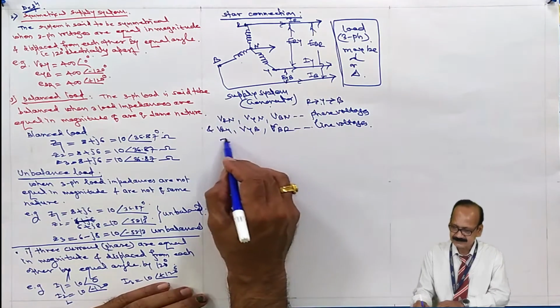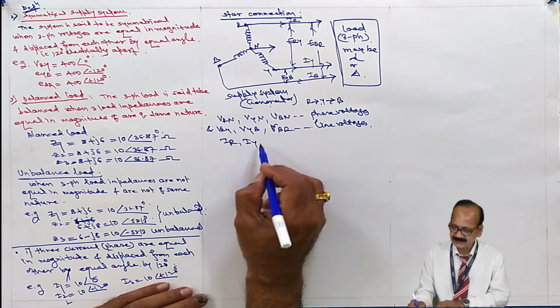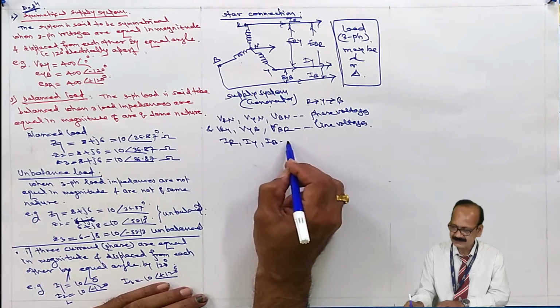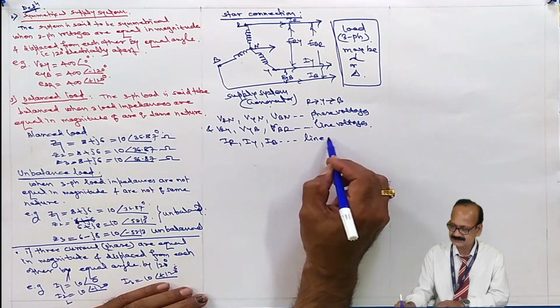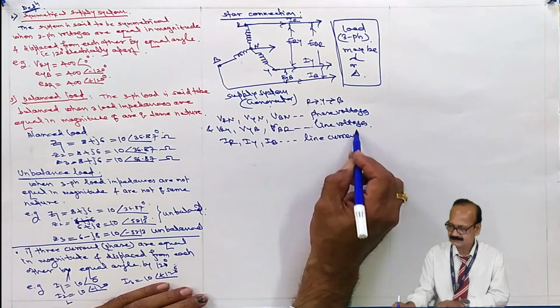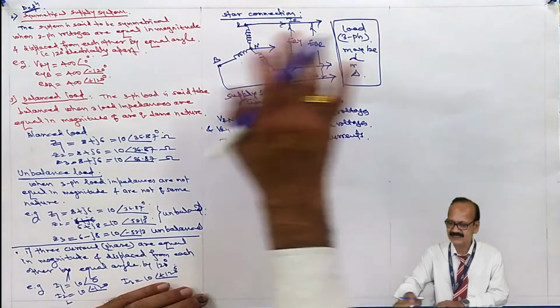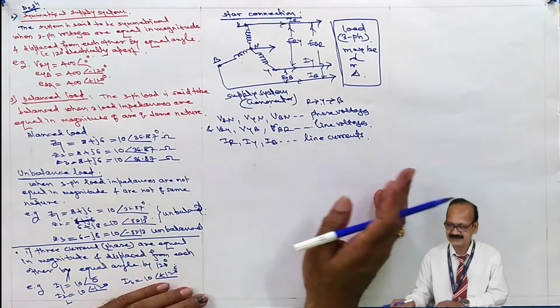And IR, IY, IB, these are the line currents, because the currents flowing through the lines are known as line currents.